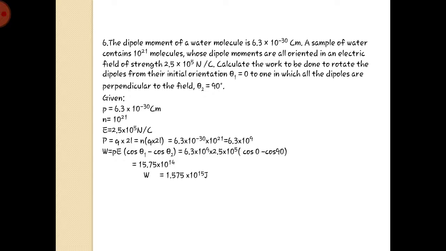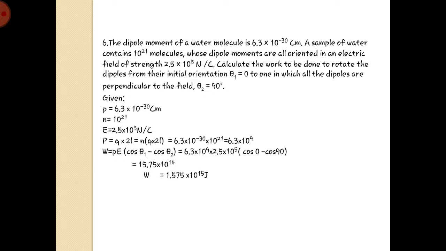Okay, so the electric field of strength is given as 2.5 into 10 to the power 5. If you have a question like what is dipole moment and why it is there for a water molecule, what is the formula for water? H2O is the formula, right? So the H and O are separated from each other. When they get separated from each other, they will create a dipole moment.